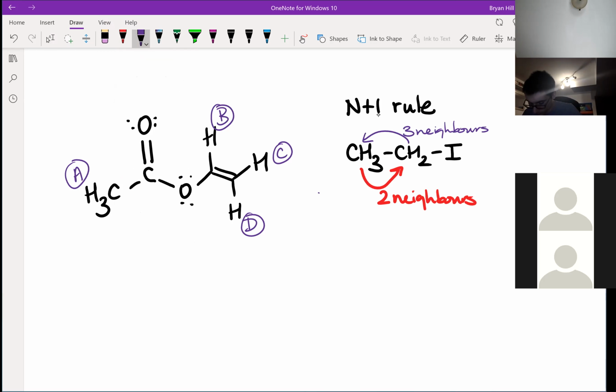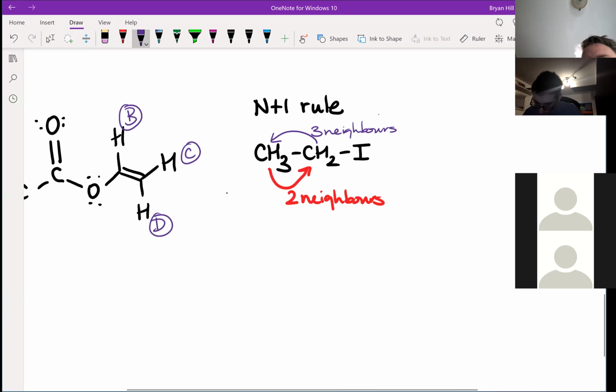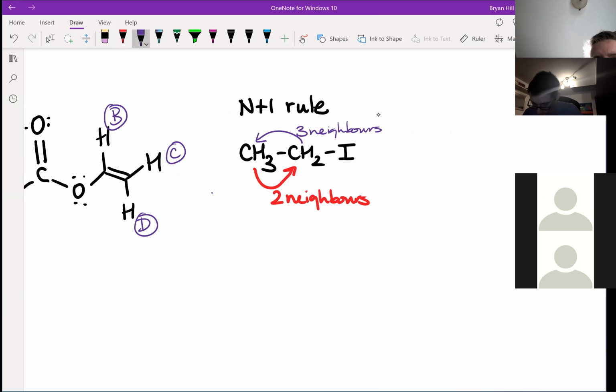And so the CH2s would be a quartet, and the methyl group would be a triplet.